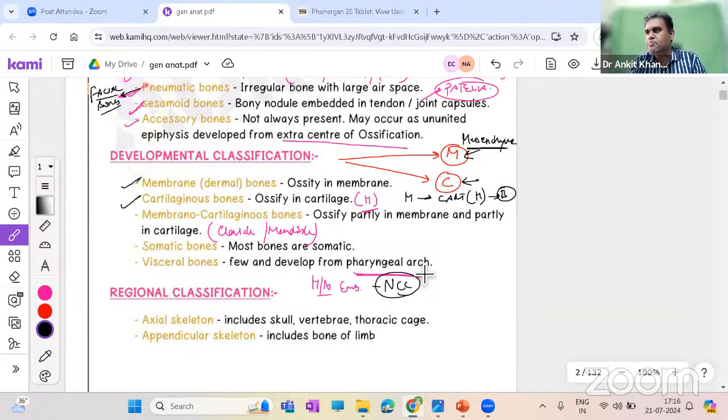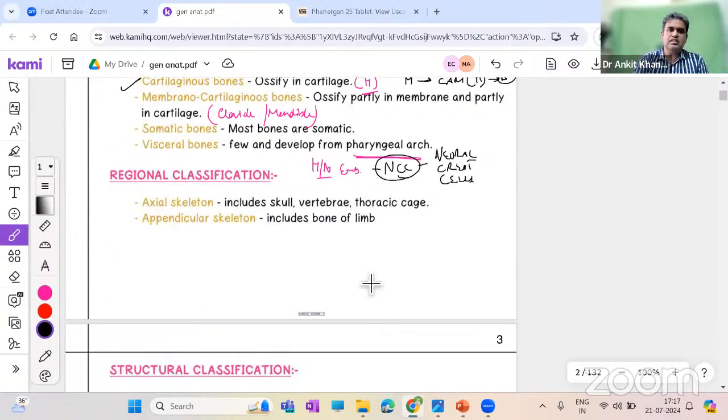For example, you have the hyoid bone, right? You have laryngeal cartilages, a bit of mandible bone, and middle ear bones. So they are basically known as visceral bones, coming mainly from pharyngeal arches. The main contributor is NCC, neural crest cells. Okay, this is one classification, developmental.